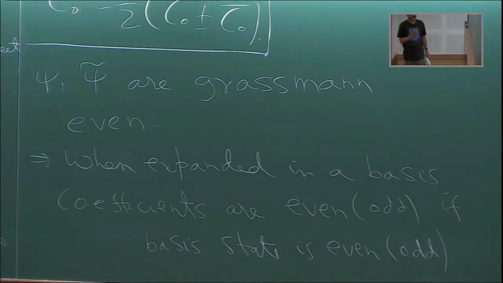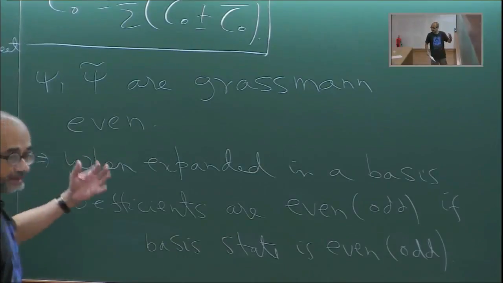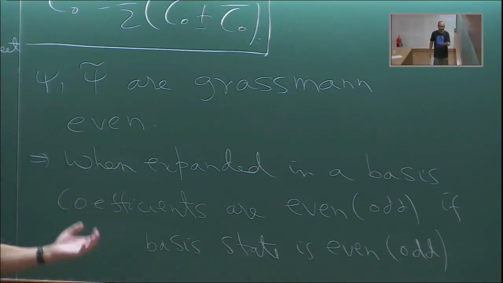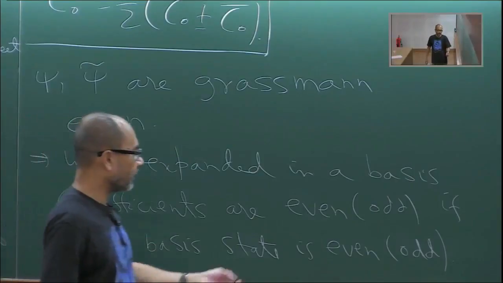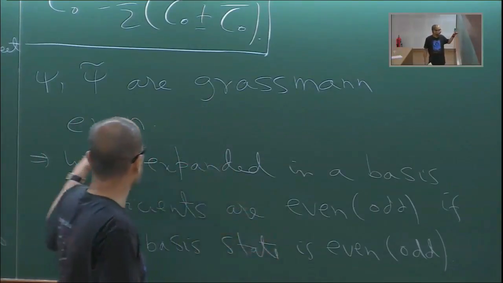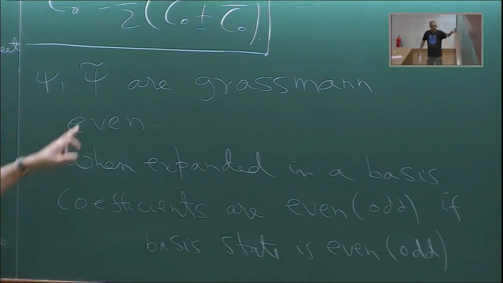So if you write psi as sum over r psi r phi r, where psi r are the coefficients and the phi r are the basis states, then if phi r is even, then psi r is even. If phi r is odd, then psi r is odd, which makes psi always Grassmann even. And the same is true for psi tilde.